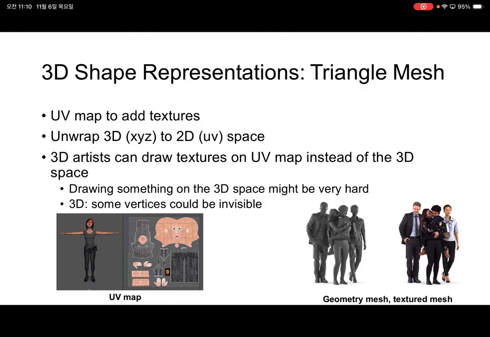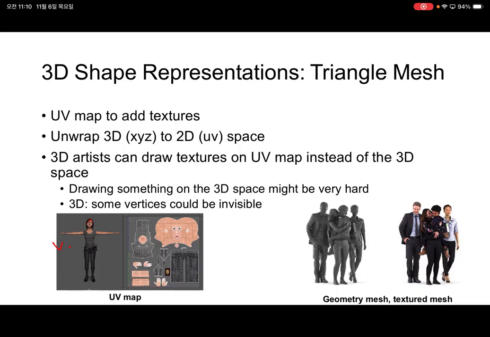And texture. I'm not sure, maybe some of you might have seen this kind of UV map. Let's say we are 3D artists and we have some character here, or object, we have some 3D scene, and then we need to draw something, right? We need to assign some colors. We might want to add some funny logos or funny colors on the character or scene.